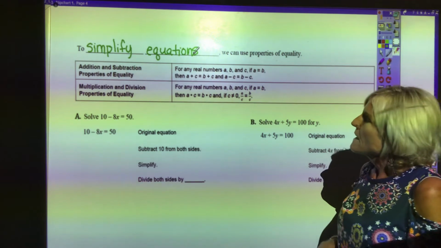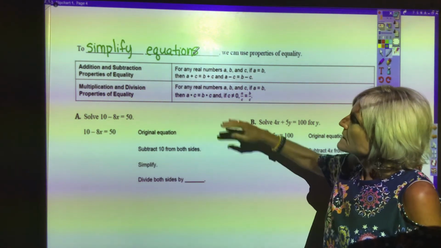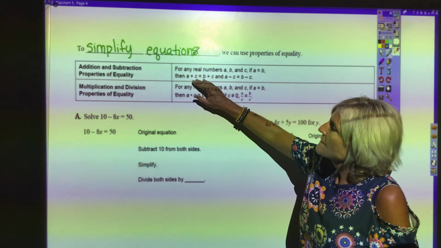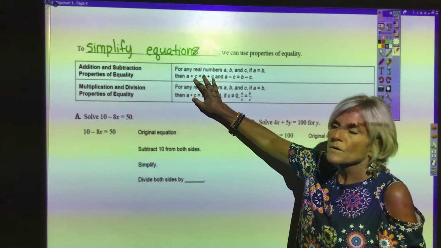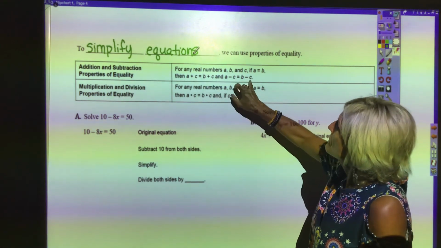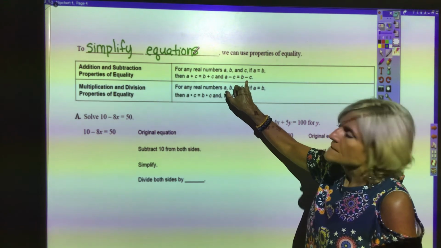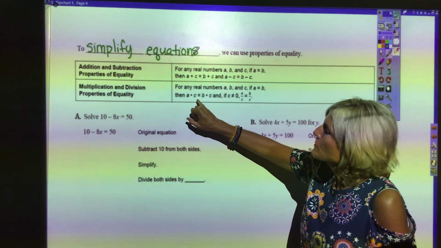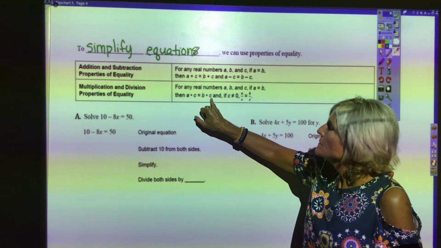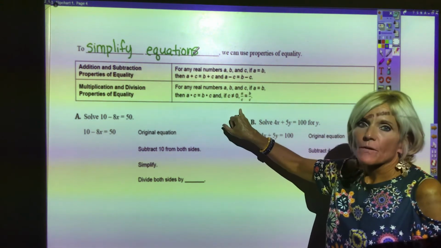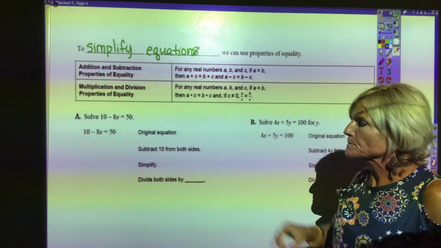So what the properties are for addition and subtraction, basically whatever you add, if you add the same thing to both sides, the equation will still be equal. Or if you take away the same thing from both sides, the equation will still be equal. Same thing with multiplication. When you multiply both sides by the same thing, the equation is still equal. Or when you divide both sides by the same thing, the equation will still be equal.